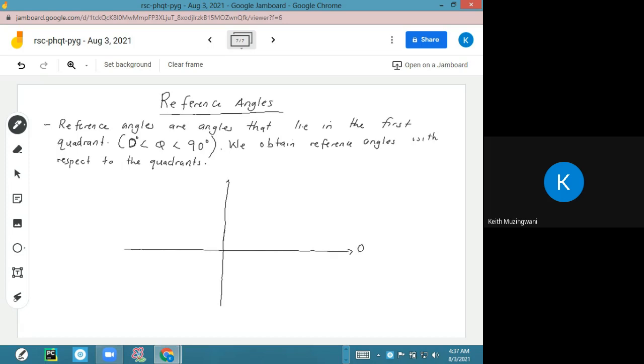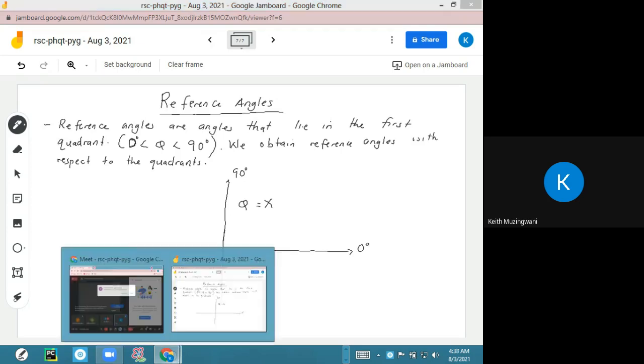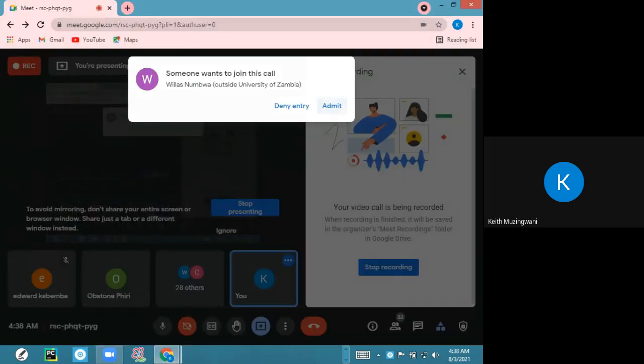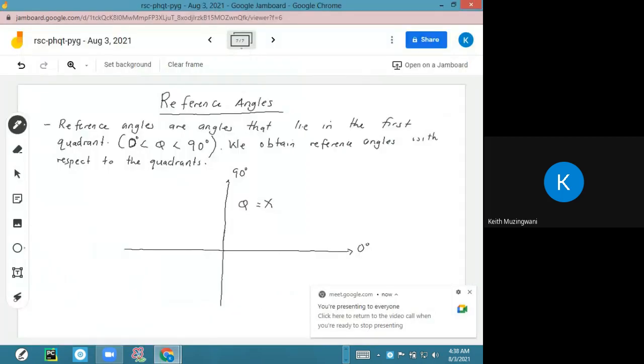From 0 to 90, the definition says all the angles that lie here are reference angles. So if you are given x here and they ask you to find theta, the reference angle of theta, given x, what you're going to say is that x will be the reference angle of itself.